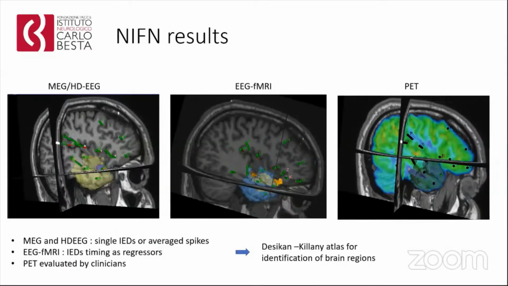For the PET, we relied on the clinicians who told us which regions had abnormal metabolism. And we used the Desikan-Killiany atlas for the indication of those regions, just to know what we are including and excluding in the resection planning.